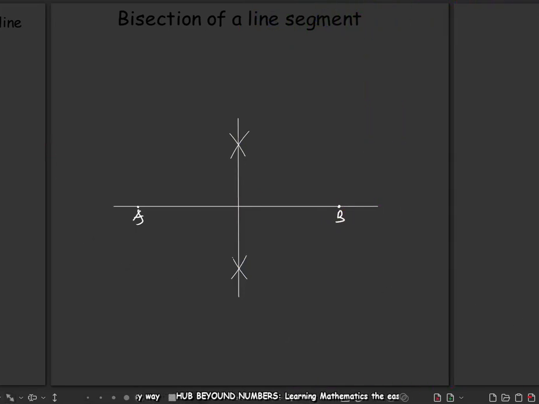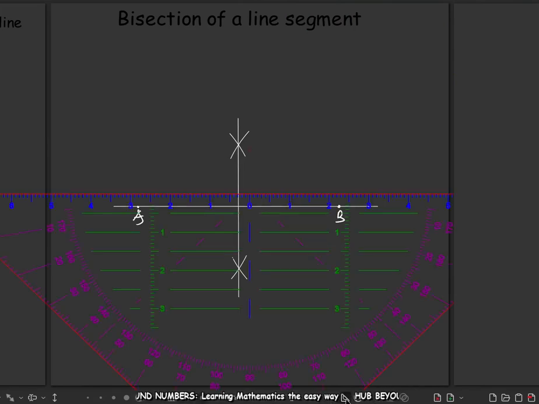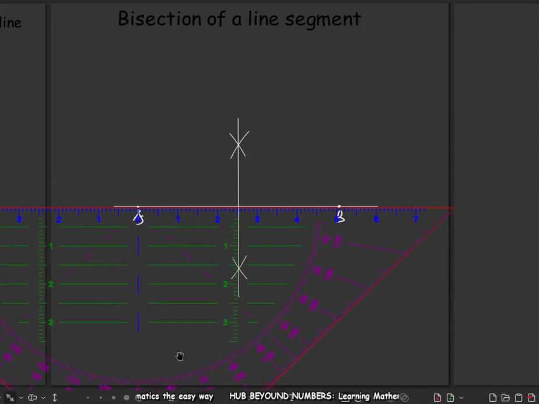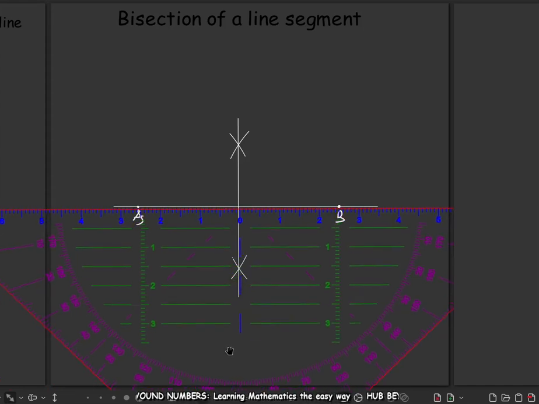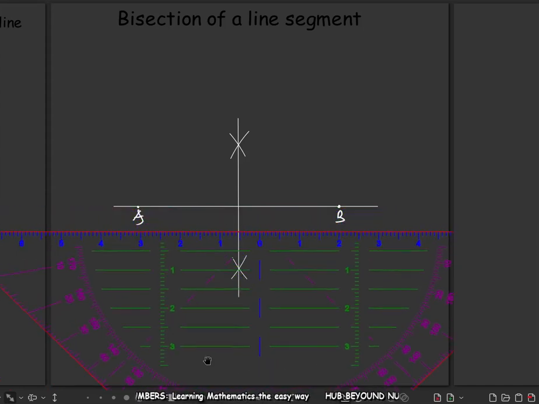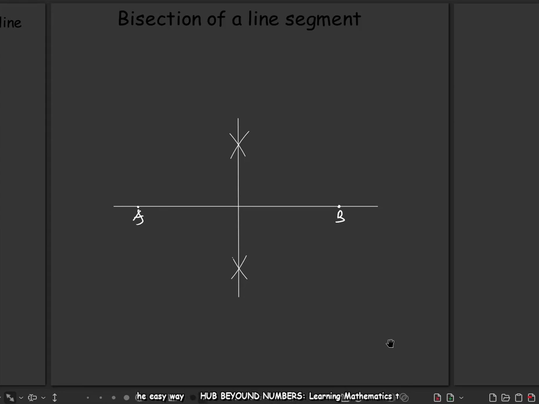So with a line through the points of intersection, if I measure the distance from A to where I have my line, you see it's around 2.5. You measure this one here as well, you also get 2.5, which means you have been able to what? Bisect your line, or divide your line into two equal what? Parts. That is what we call bisection of a line.